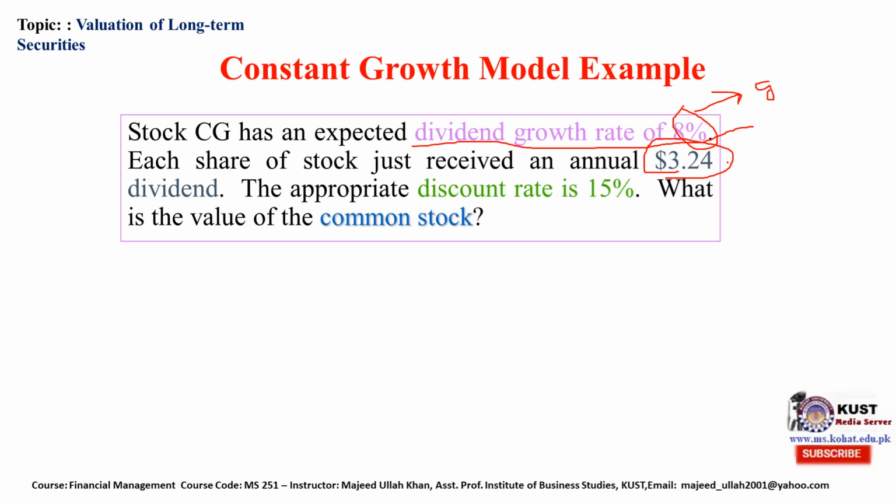Just received means this is D naught. Right now they received how much dividend? That is D naught. We will convert this D naught into D1. The appropriate discount rate is, this is basically KE.